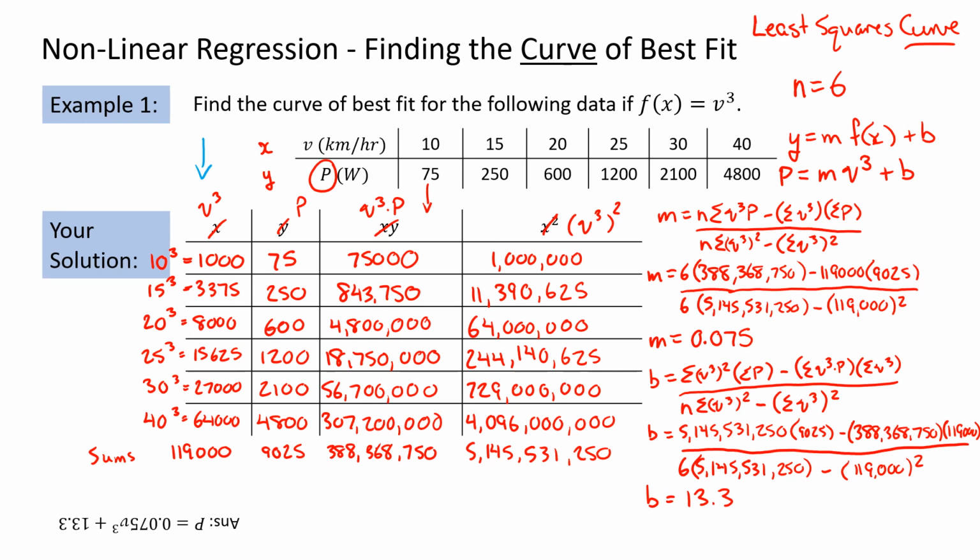But again, look at the size of these equations with all these numbers. It's just not practical to do it by hand. Calculating this out, remember our equation was P equals M times V cubed plus B. Substituting it in, we get P is equal to 0.075 times V cubed plus 13.3. So that's just substituting in to find our curve of best fit.